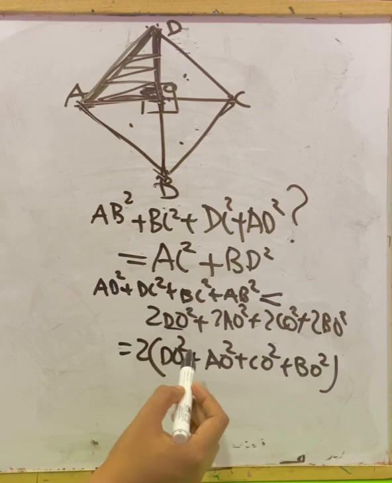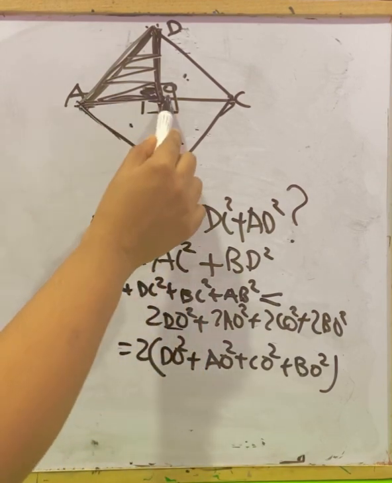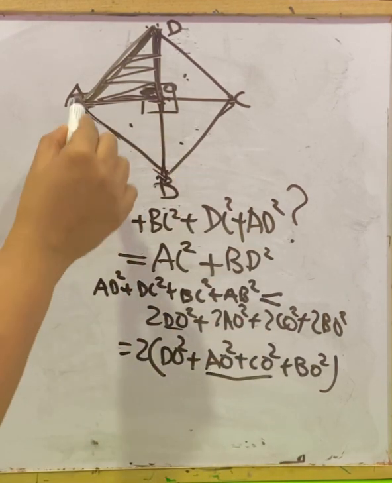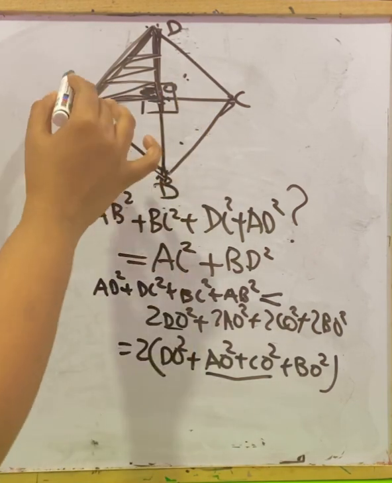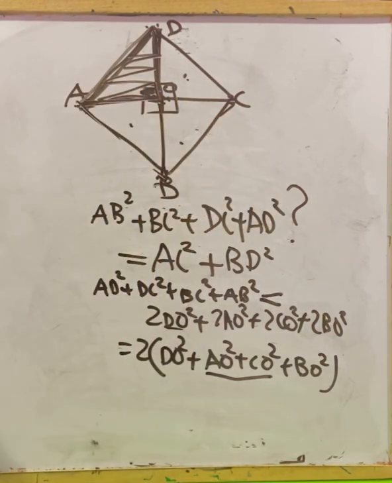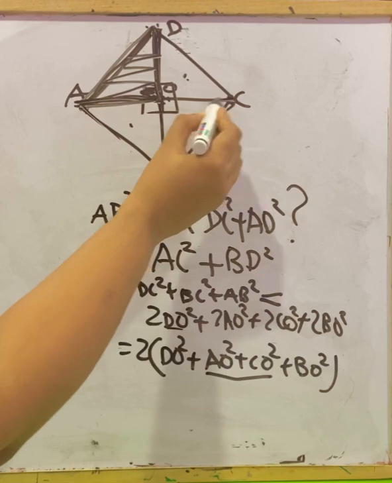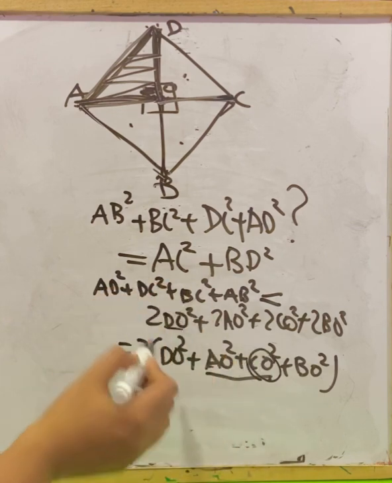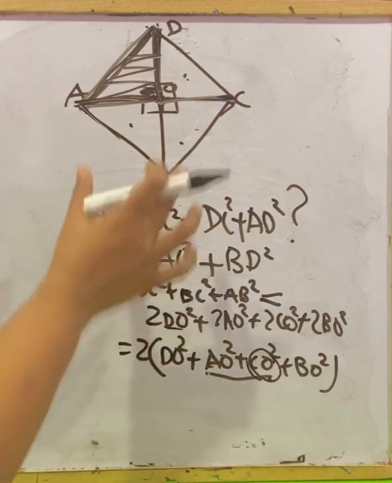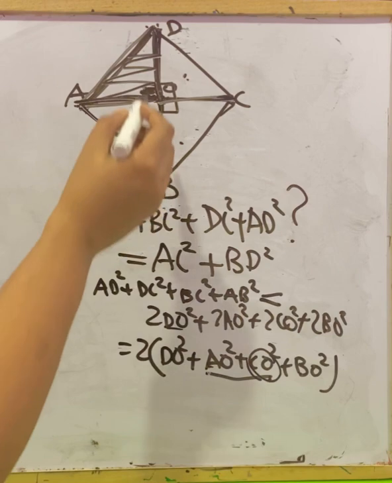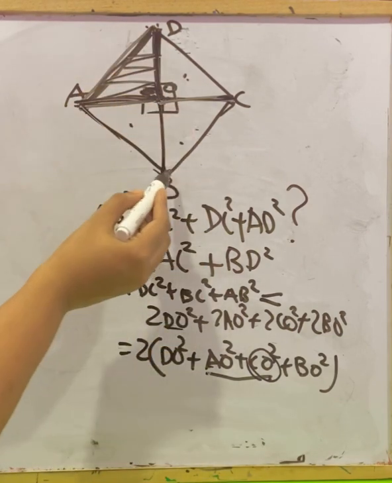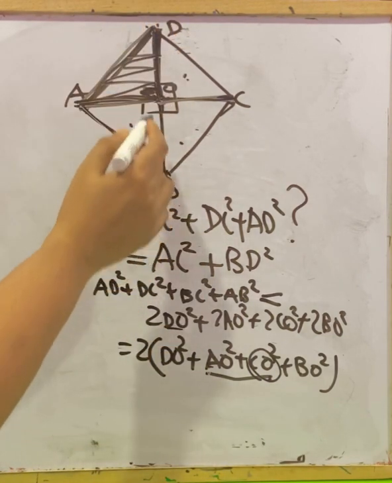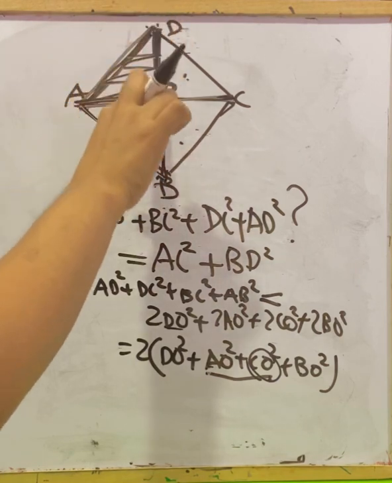Now inside the bracket we can see AO and CO, and we know they are equal in length because diagonals bisect each other in a rhombus. So AO length and CO length are equal. So instead of CO we will write AO because these two lengths are equal. Also you can see this is DO, this is BO, and it is a diagonal and they bisect, so they are the same length.